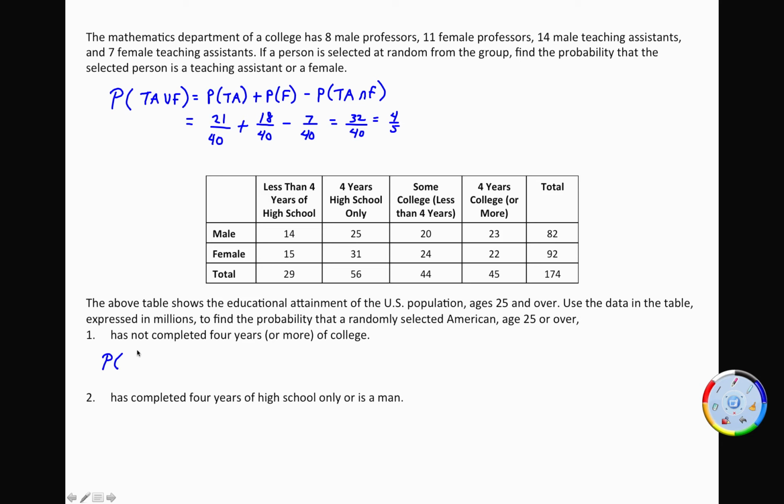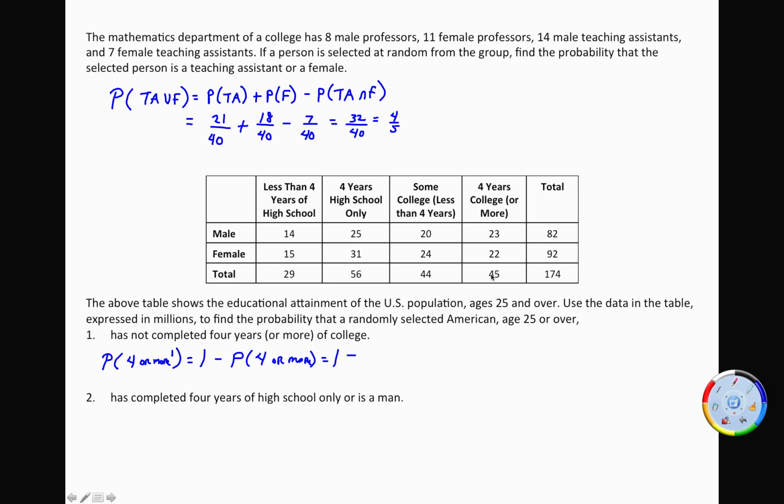So the probability of not completing 4 or more is 1 minus the probability that they did complete 4 or more years. All right, so 1 minus, when I look up here, I got to find the probability that a randomly selected person completed 4 or more years.